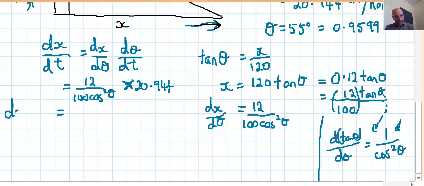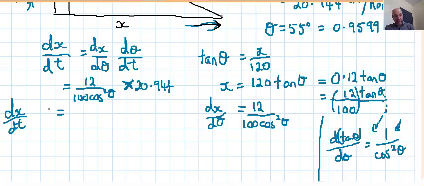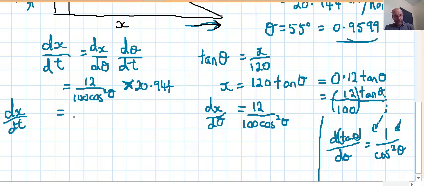Now we need to find it at that point where the angle equals 0.9599 radians. So at 0.9599 radians, we sub that in, so we'll have 12 over 100.